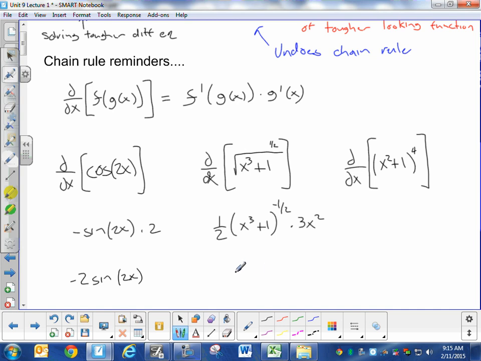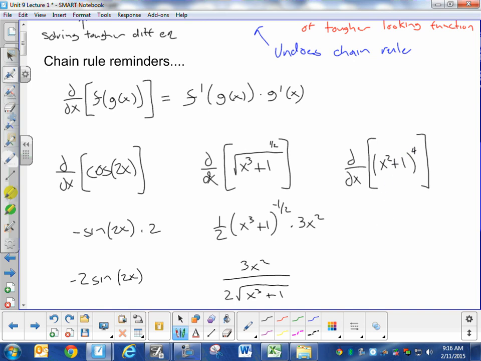And I can rewrite that to be 3x squared over 2 root x cubed plus 1. And then the last one, instead of distributing this and taking x squared plus 1 to the 4th power, which would take a while to do, I'll use the chain rule.